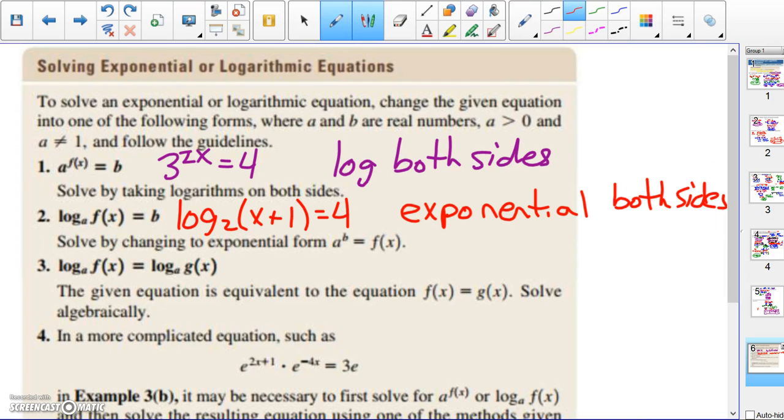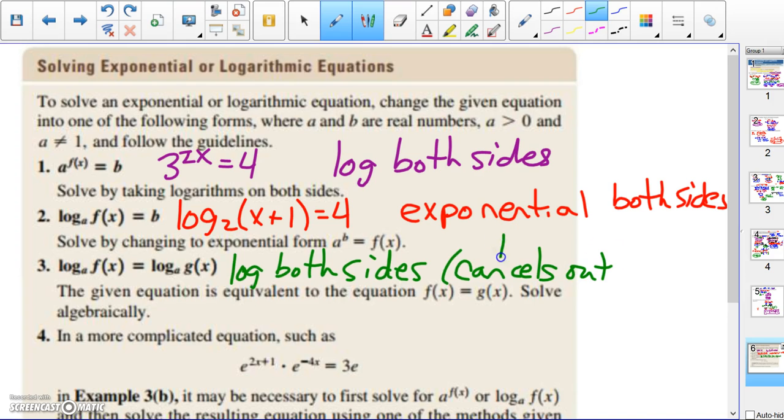If I've got log equals log there, basically I'm taking a log on both sides, but it's going to cancel out. The log cancels out, that is. Number 4, something complicated like that, you might have to end up using the properties.